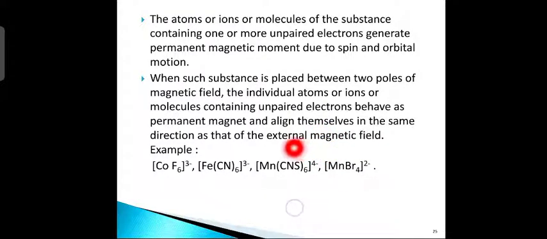Okay. Example, now which are the examples for that? Hexafluorocobaltate(III), hexacyanoferrate(III), hexathiocyanato manganate(IV), and MnBr4 2 minus.